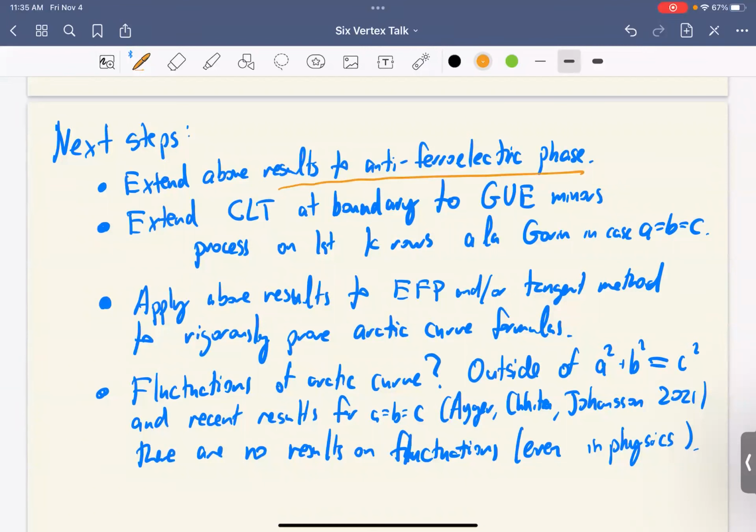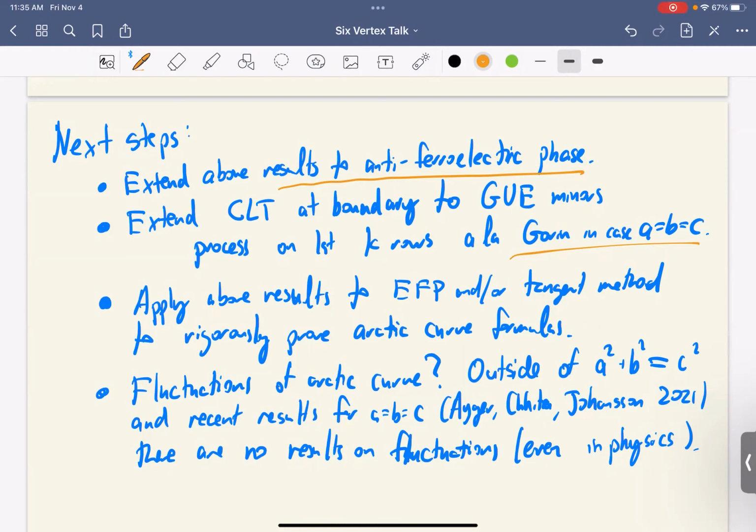It was a result about just the top row, but it would be nice to extend it to a result about the top 5 rows and show that the ones in the top 5 rows are governed by the GUE minors process, as Vadim did in the alternating sign matrices case.